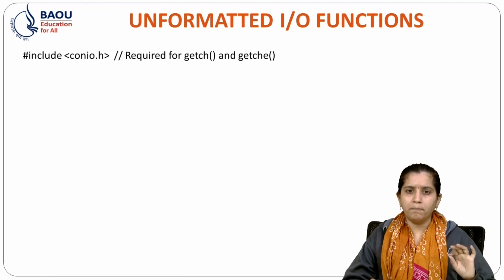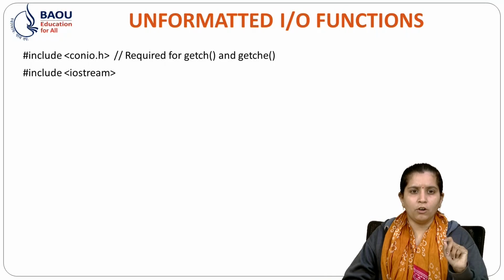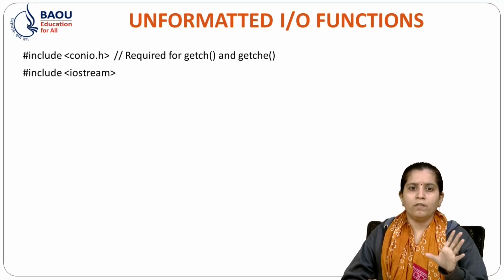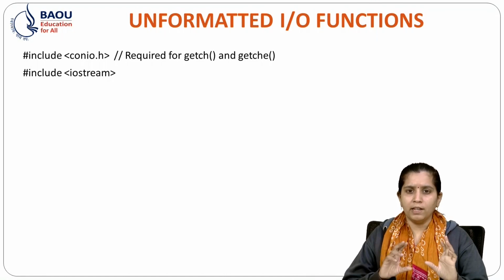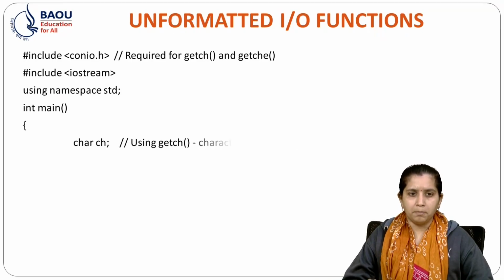Let's see a simple example of unformatted input-output functions. So, hash include conio.h. We require this library because we need to know the difference between getch and getche. After that, I have included iostream and using namespace std. In int main, we have char ch.